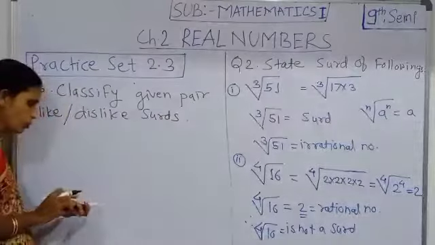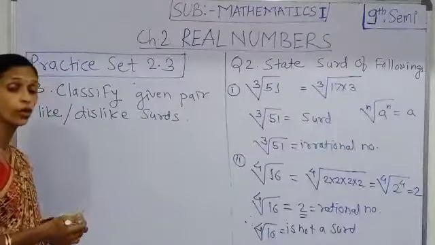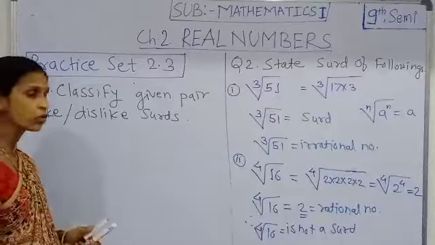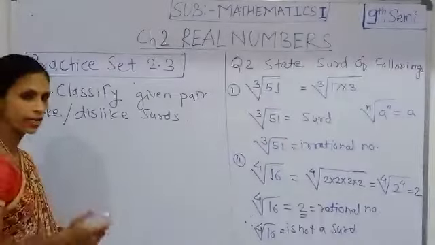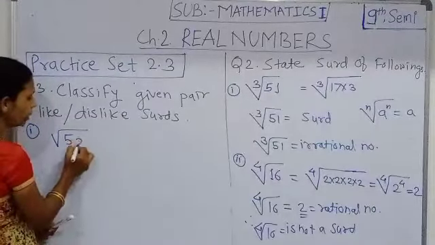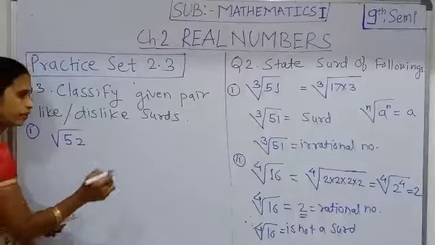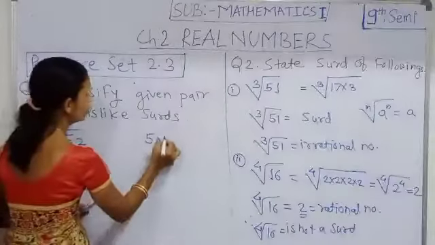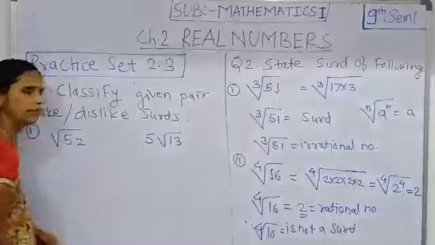We have to find out whether the given pair of surds are like surds or unlike surds. One of the examples given here is root 52 and 5 root 13.